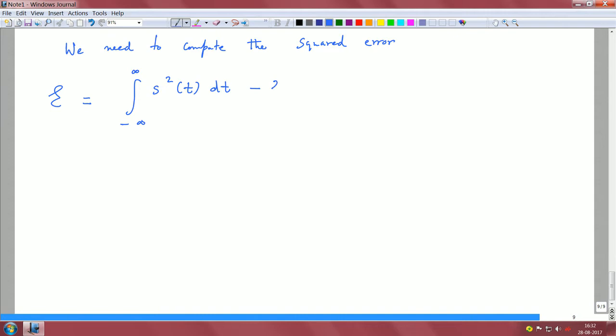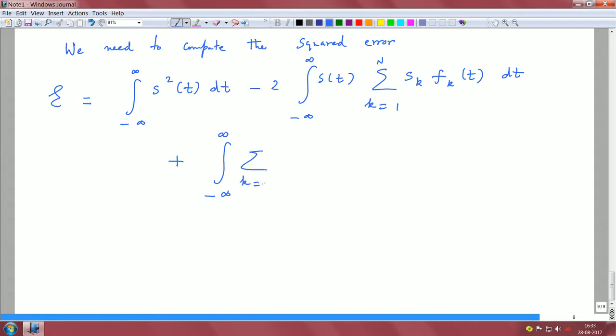So, this is minus 2 times the integral from minus infinity to plus infinity of S of t times the summation k equals 1 to capital N of S_k F_k(t) dt, plus the integral from minus infinity to plus infinity of the summation k equals 1 to n of S_k F_k(t) times the summation l equals 1 to n of S_l F_l(t) dt. So what I did, instead of taking this whole square, I just expressed it as two different summations.